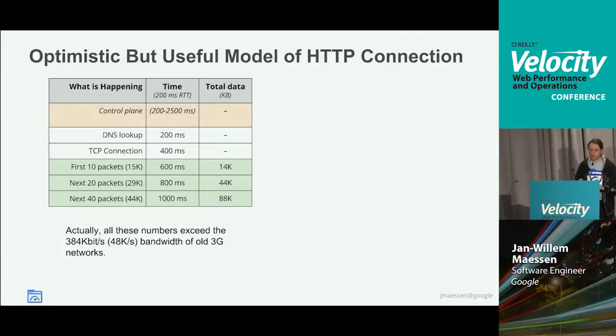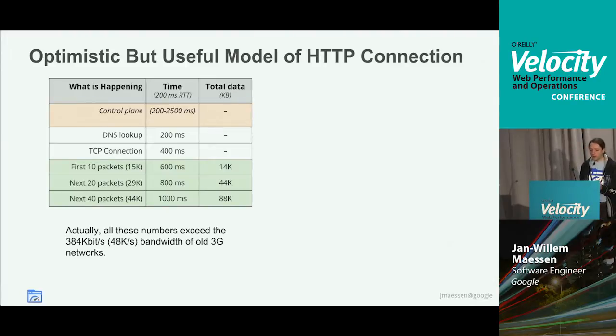That's going to take the first 200 milliseconds. We need to establish a TCP connection to the server we're talking to. And then it's only after 600 milliseconds that the first 10 packets of our web request are going to arrive back at our phone. And that's assuming that the server's been configured to use a 10-packet initial CWND.